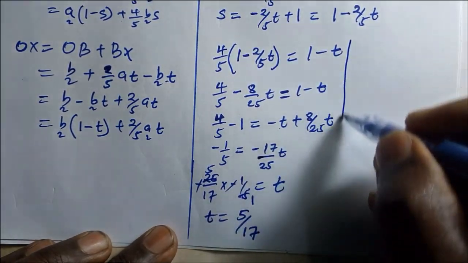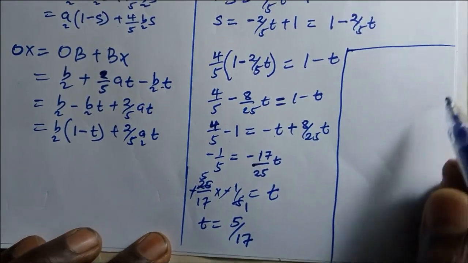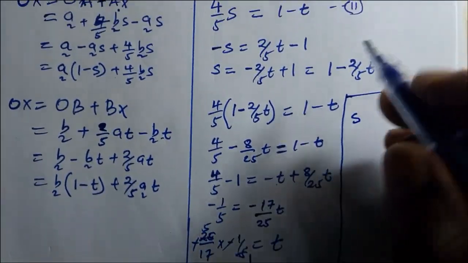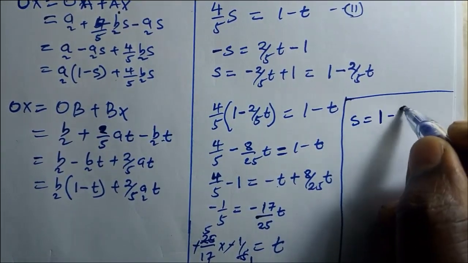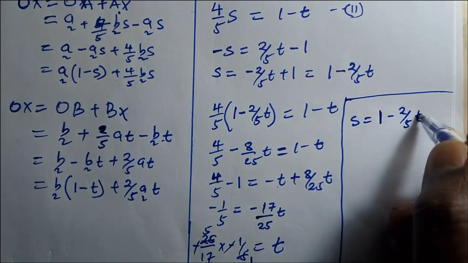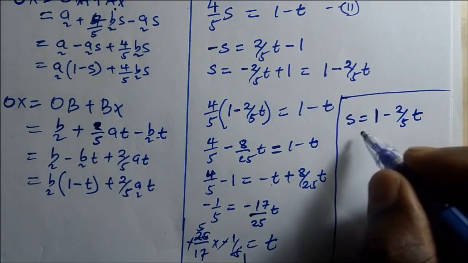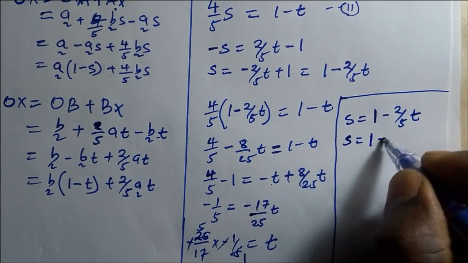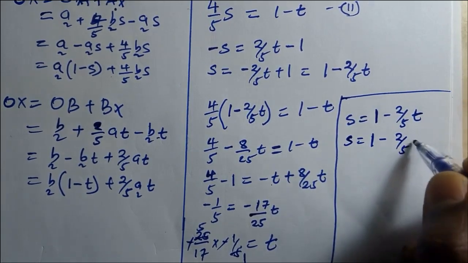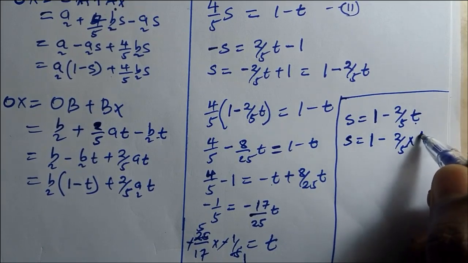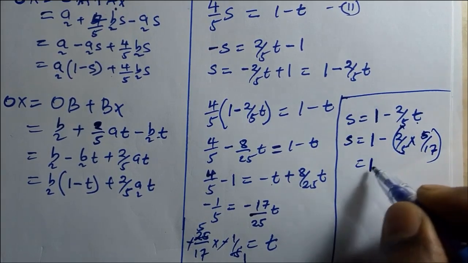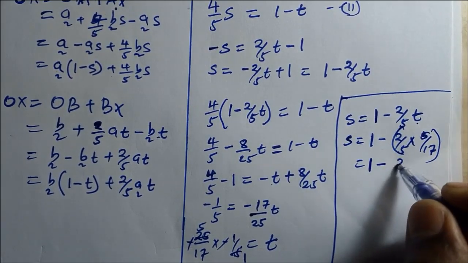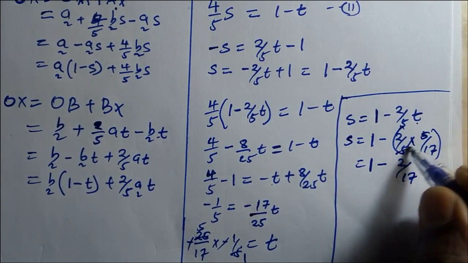To get S, remember we said that S is equal to 1 minus 2 over 5T. Now we have T, so S will be equal to 1 minus 2 over 5 times T, and our T is 5 over 17. So this is 1 minus 2 over 17, because 5 and 5 cancel out.